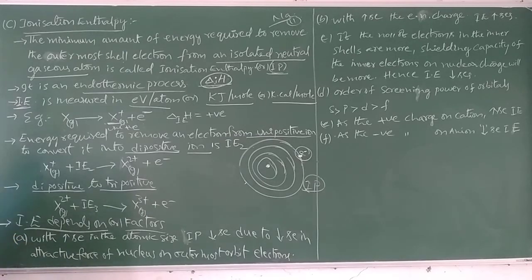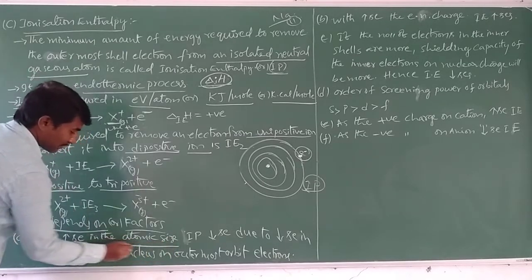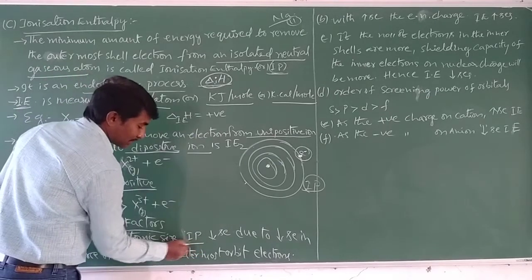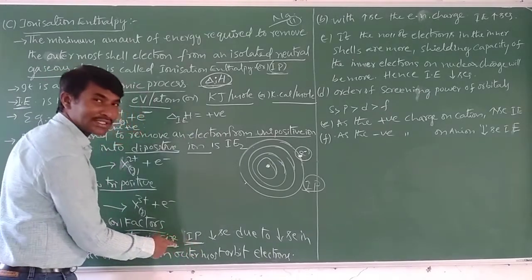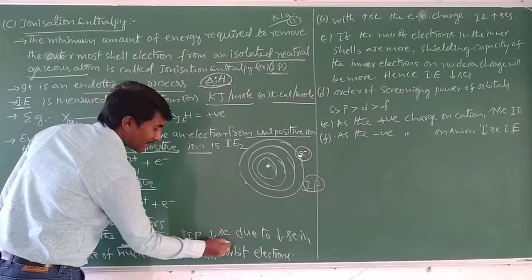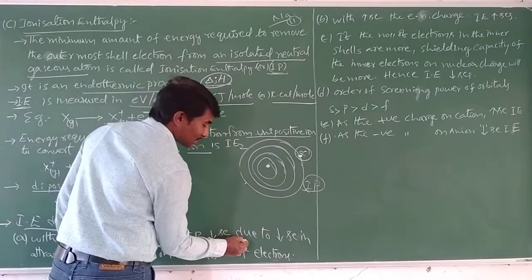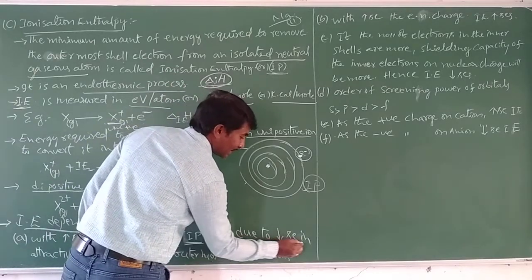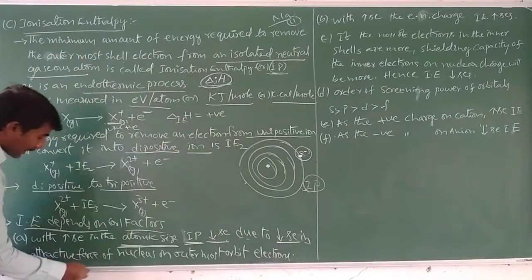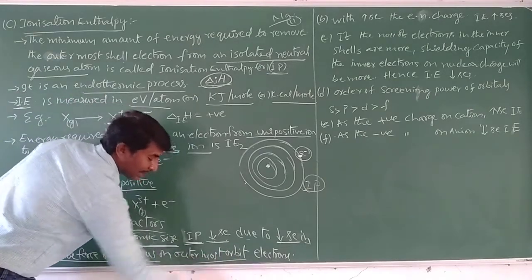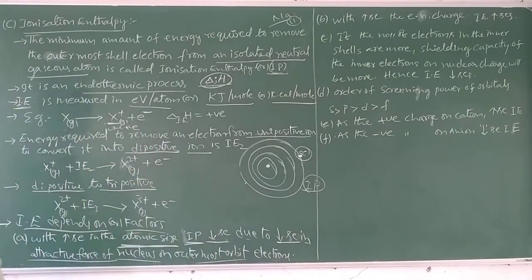So the first one is atomic size. With increase in the atomic size, IP values decrease. IP means ionization enthalpy. Why? Because of the decrease in attraction force of the nucleus on the outermost orbit electrons.